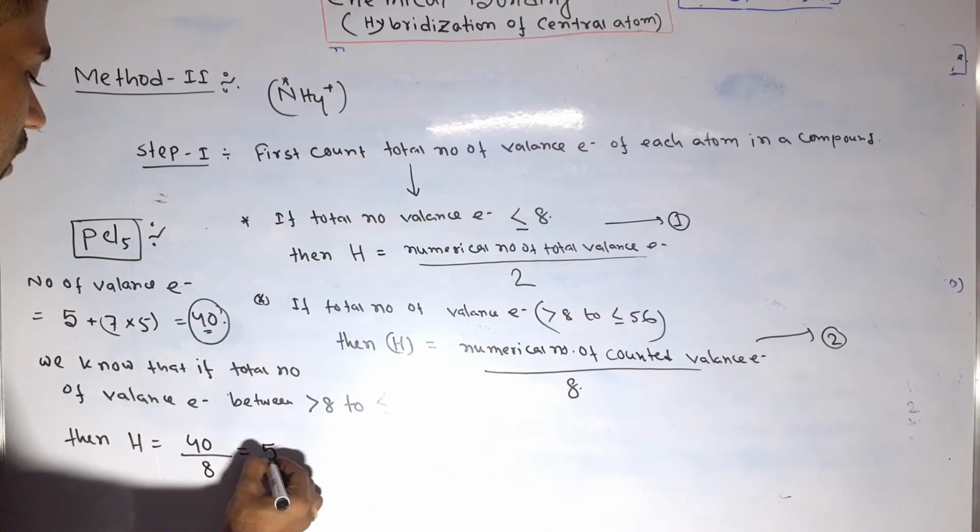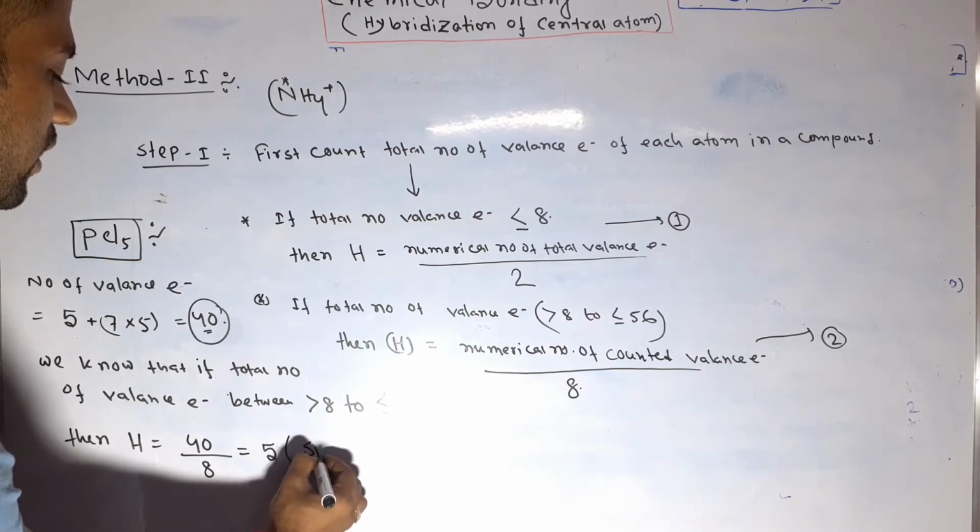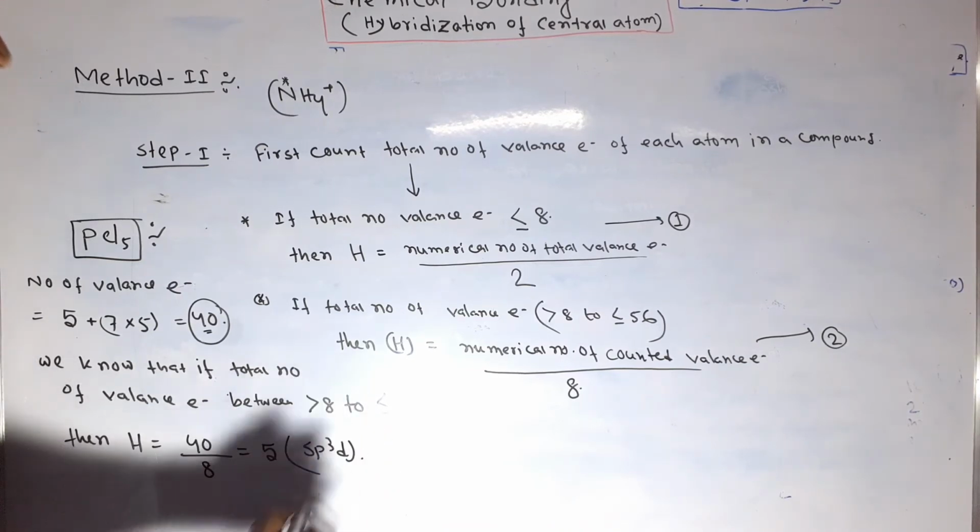So the result is 5. That means the hybridization is sp3d.